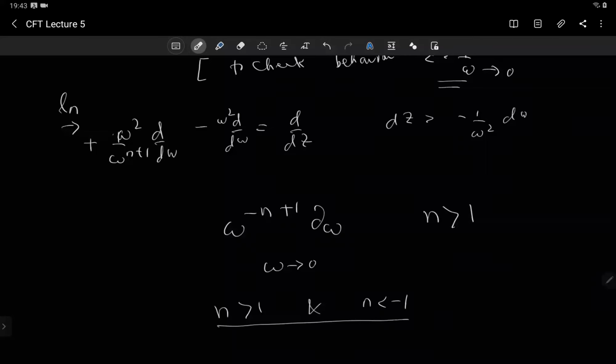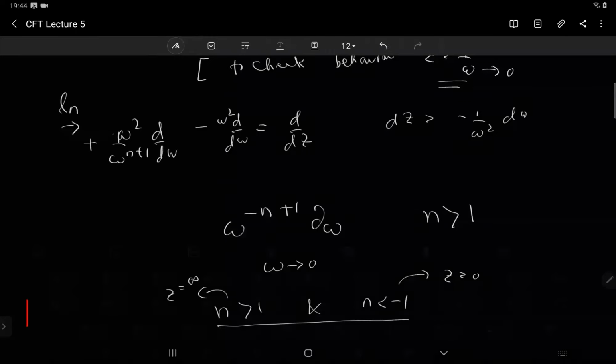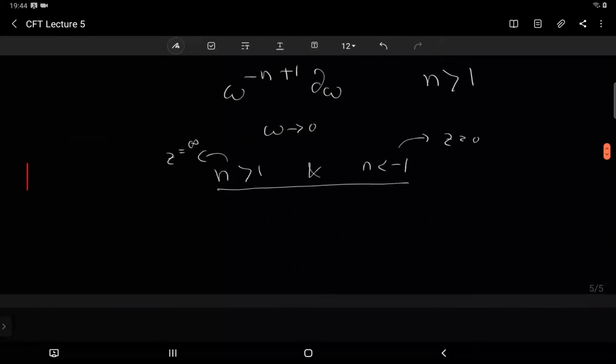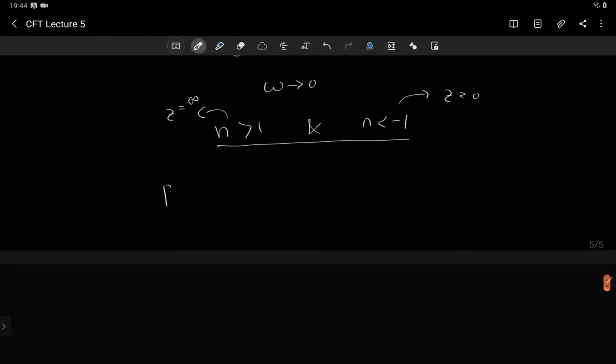These are not globally defined. This is not well defined at z equal to 0, and this is not well defined at z equal to infinity. So the only set of transformations which is well defined everywhere on R2 union infinity is the set where n is less than or equal to 1 and greater than or equal to -1.